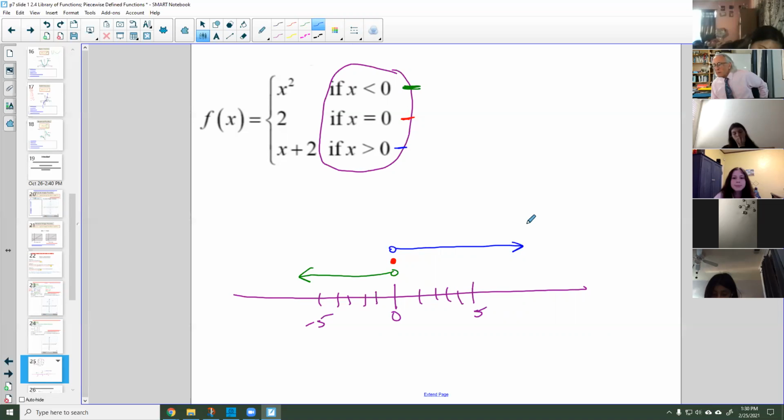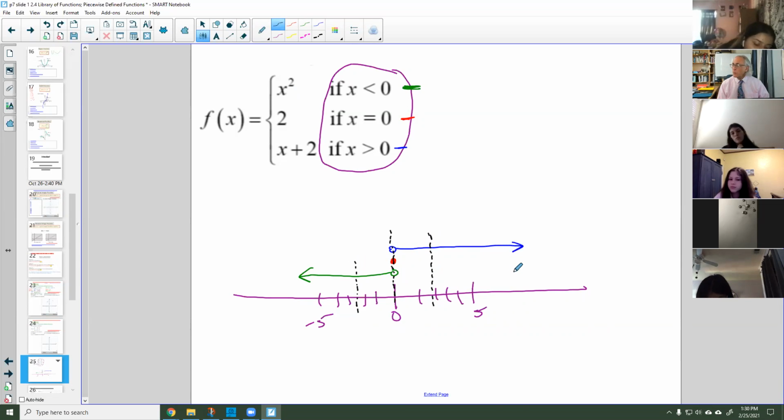So when I'm determining the domain of this function, I just have to see where I can cross a single line. And I can see that anything less than 0, I'm going to hit the green line. So that's going to be part of the domain. At 0, even though it's not a line, I'm going to cross through that solid red dot. So that's part of the domain. And anything greater than 0, I'm going to cross through the blue line.